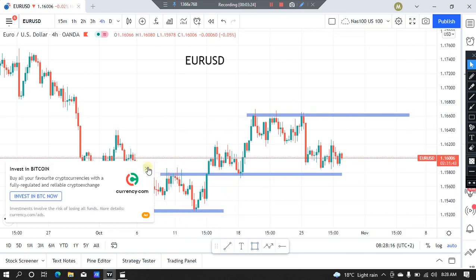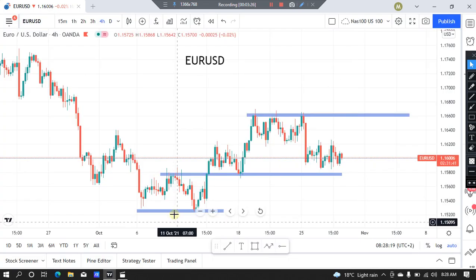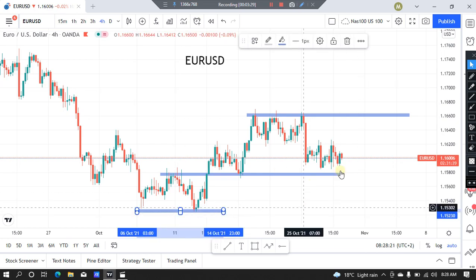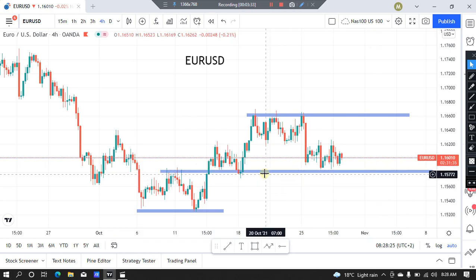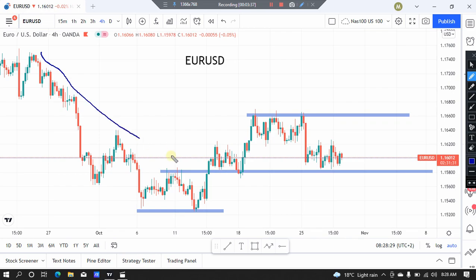We can say the market created something like this. Let me just push this one further. After the market broke out of this resistance, the market started creating moves like this.